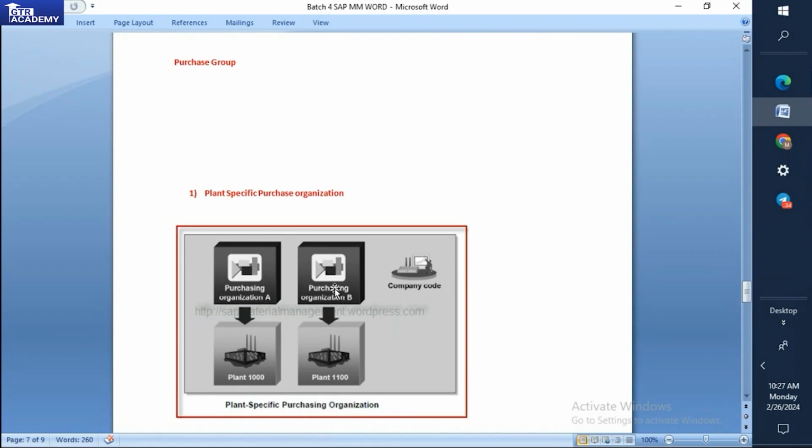Plant 1000 can't take from purchase organization B. Under one company code, we have two different plants with their specific purchase organizations.